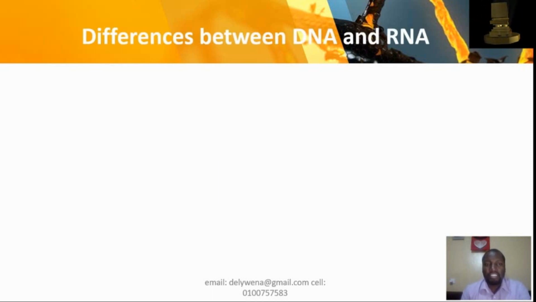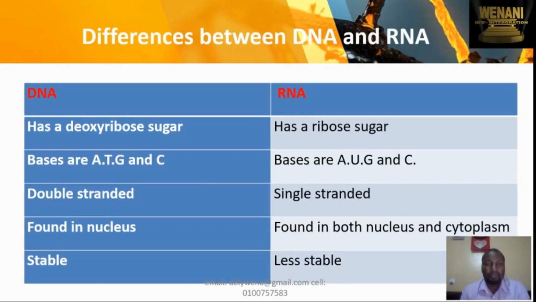So next I want us to look at the differences between a DNA and RNA. Now, a DNA has what we call a deoxyribose sugar, and RNA has a ribose sugar. DNA bases are A, T, G, and C. A stands for adenine, T for thymine, G for guanine, and C for cytosine.